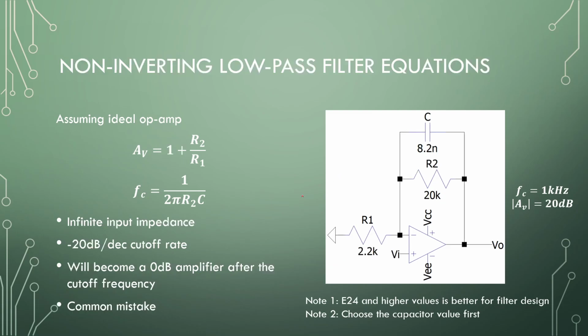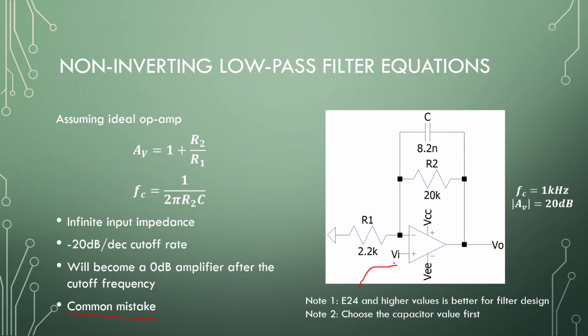Right, the second one is a non-inverting configuration. I'm first going to say that this is a common mistake where people will convert the inverting configuration directly to a non-inverting configuration. Okay, so we will get to that in a moment. So first off, the gain is 1 plus the resistor ratio.